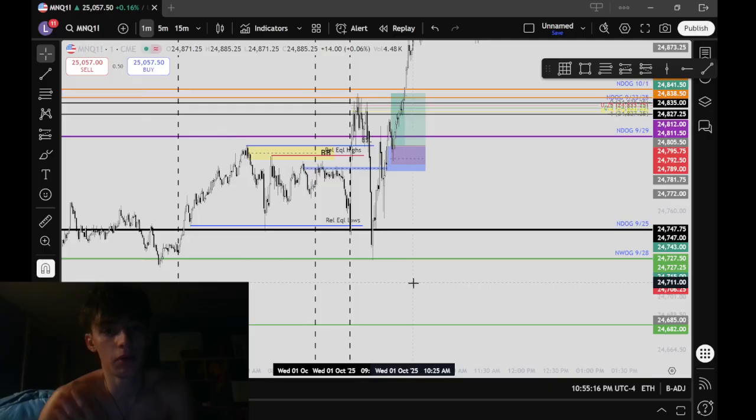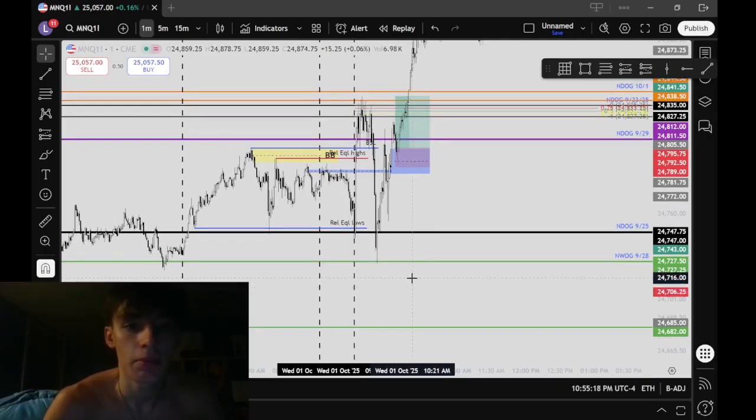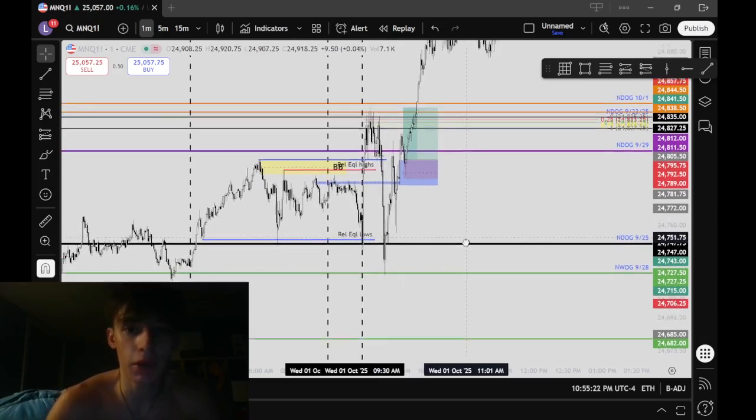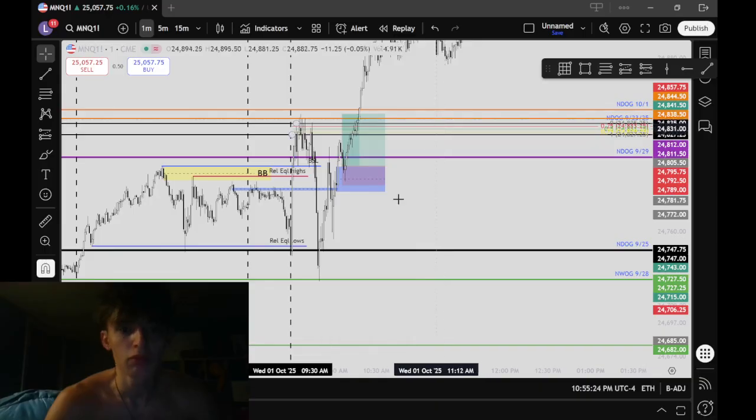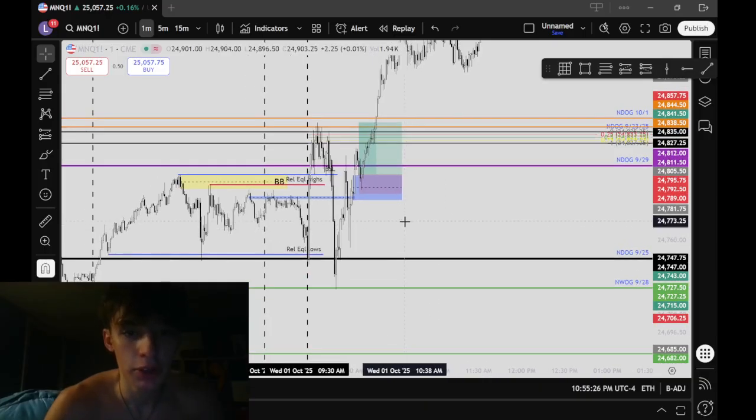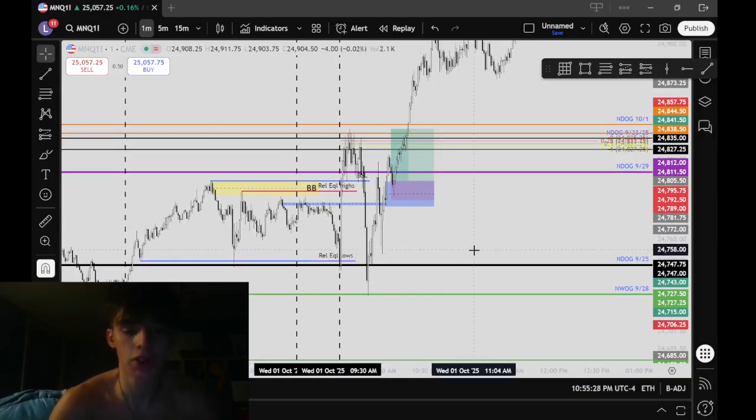So I had a bullish bias, I would assume, but I was also thinking bearish too, because there's a lot of confluences. There's a lot of reasons why price could go down as well. So what I did was I marked out a ton of stuff.